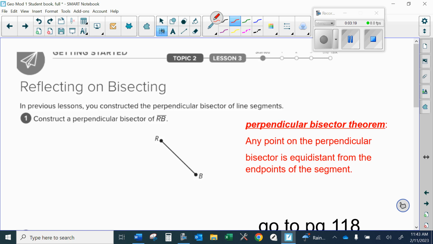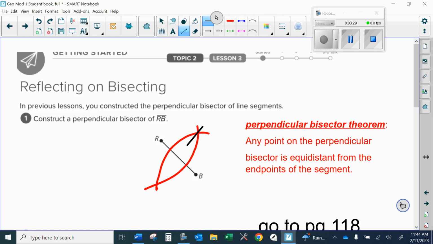We put our pointer on one point, opened it up more than halfway, drew a semicircle, turned around, put the pointer on the other end, drew that semicircle, and then we connected right through there. And that made us perpendicular and a bisector. So that distance equals that distance. There's your perpendicular bisector.